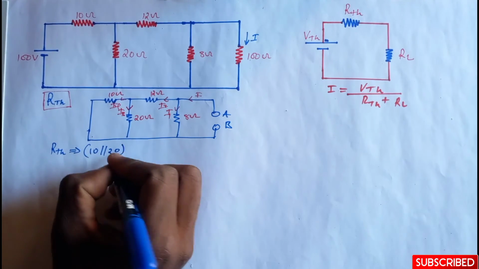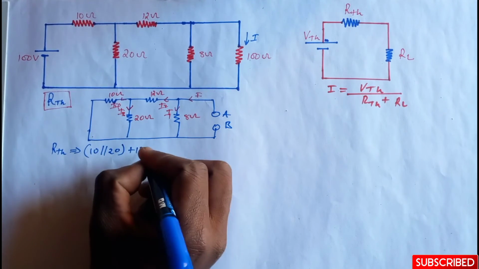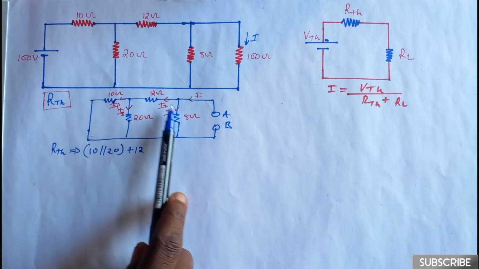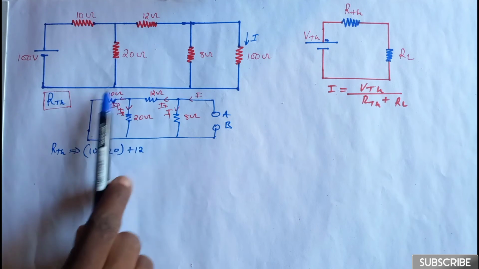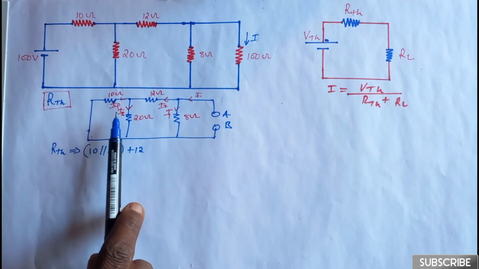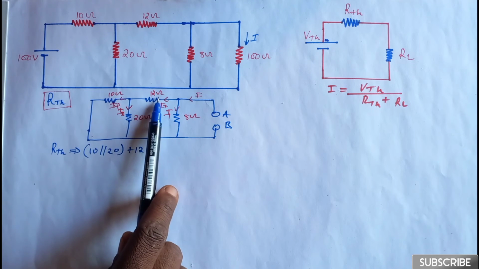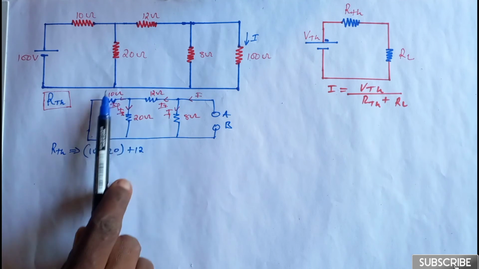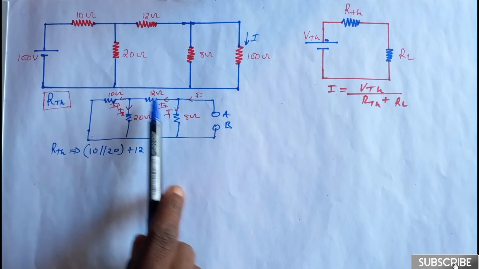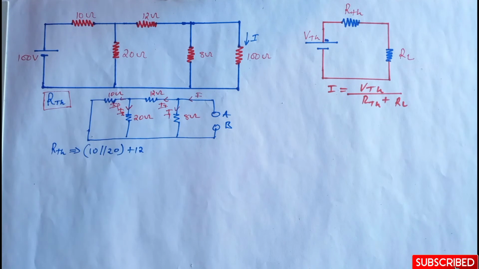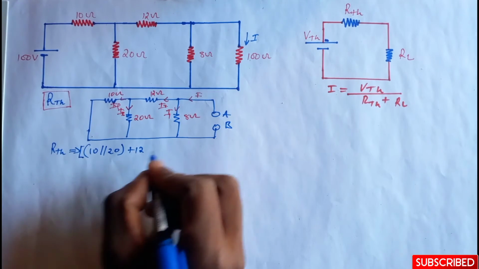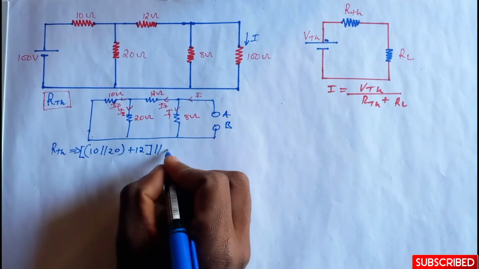So we say this plus the 12 ohm resistor. Now you see that I3 and I4 add up to I2. That means all these three resistors are in parallel with the 8 ohm resistor. So what we have is something like this.